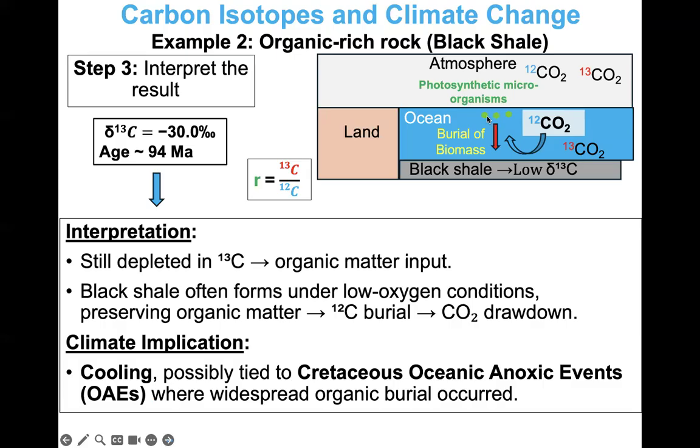they form their food, sugar, and once they die, they get buried. When they get buried, they take this C12 with them into here. So they become rich in C12. At the same time, C13 would be enriched in the ocean and also in the atmosphere. Why?